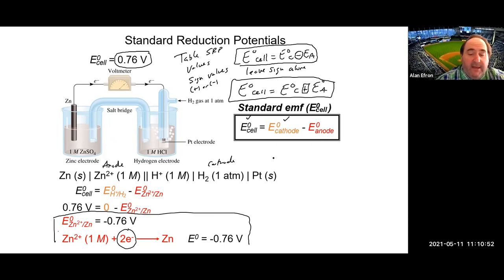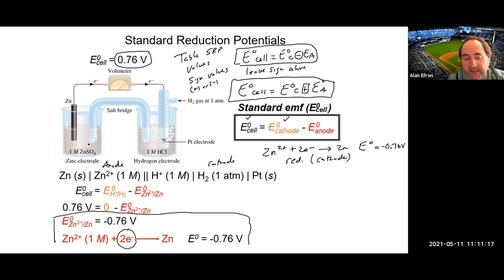So what I mean by that is, we'll just look at the zinc one that we just looked at. If I go to the table, this is the reaction I'm going to see in the table, and it's going to be E naught equal to minus 0.76 volts. Now, this is, again, a reduction reaction. This basically means that this is my cathode, right?